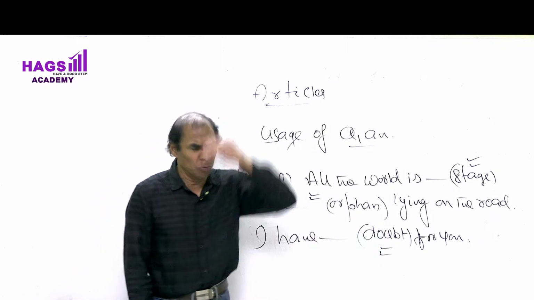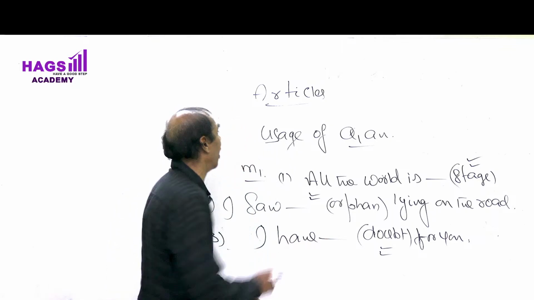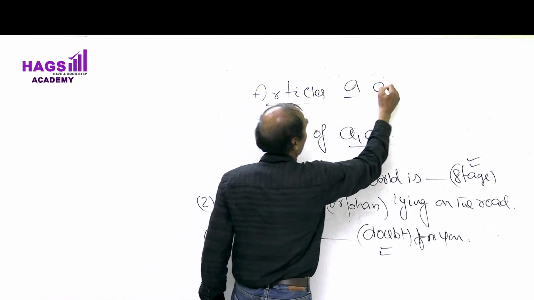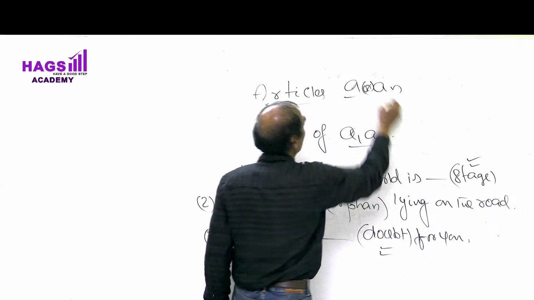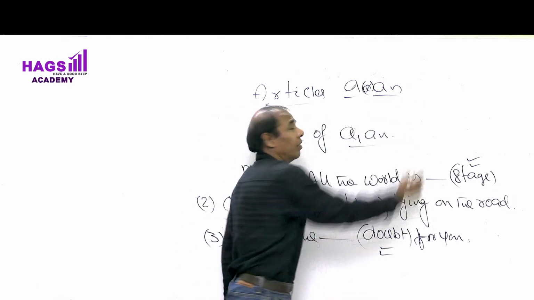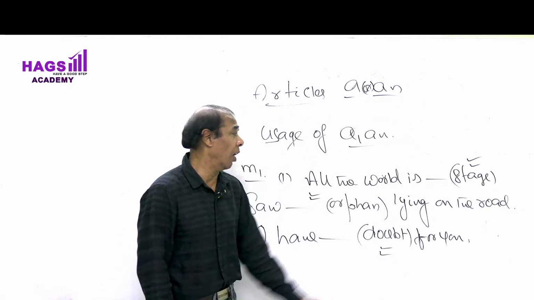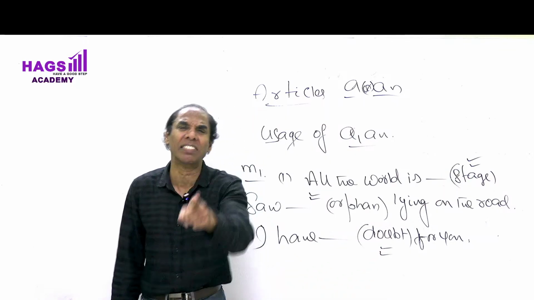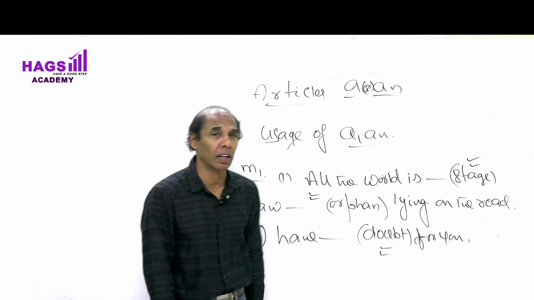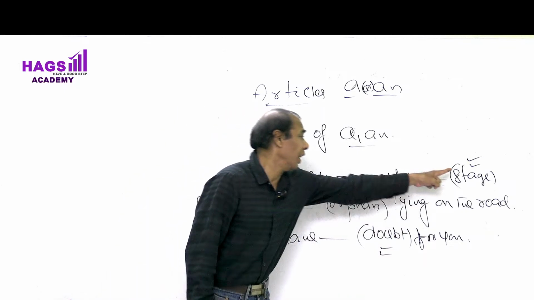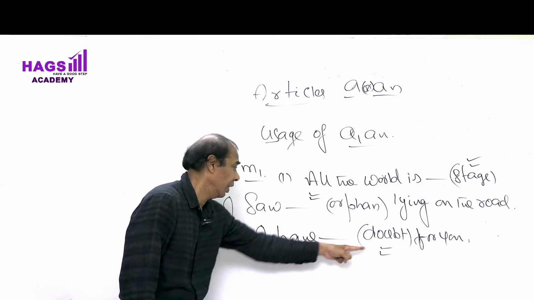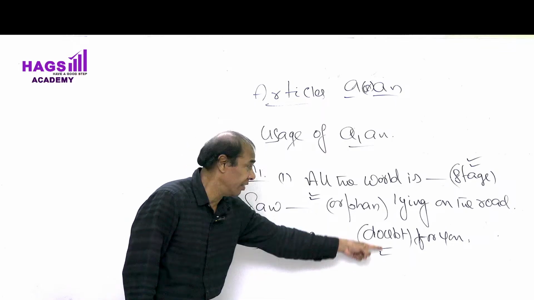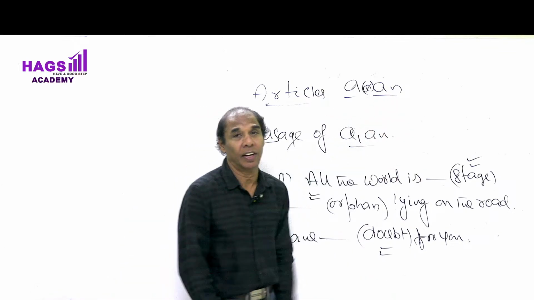Before these words, we must use either A or AN. Best technique. Very easy. If a word is singular and countable, before it we must use either A or AN. So every word is singular and countable in these 3 sentences, so we have to use either A or AN.